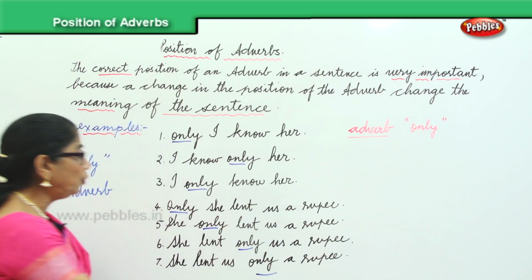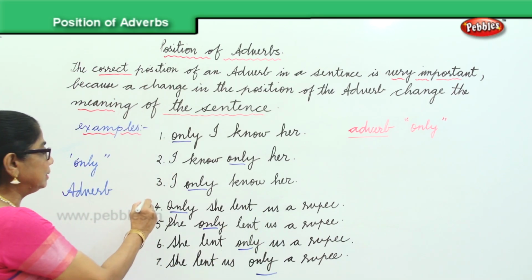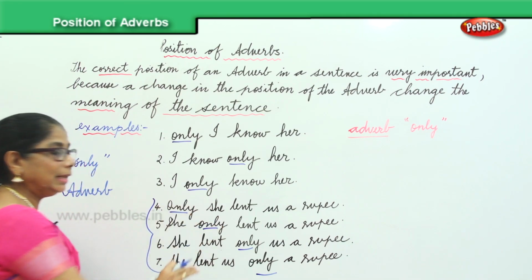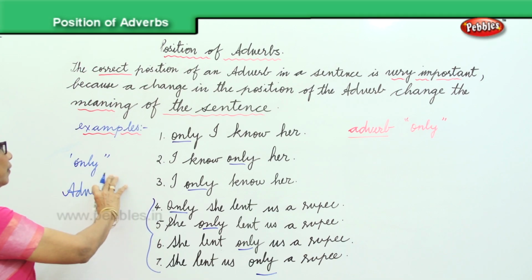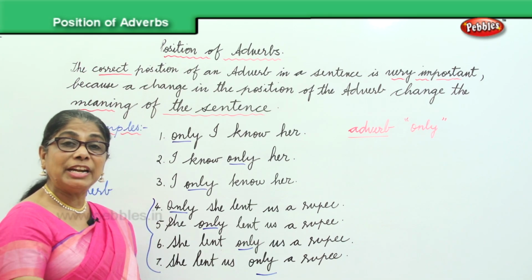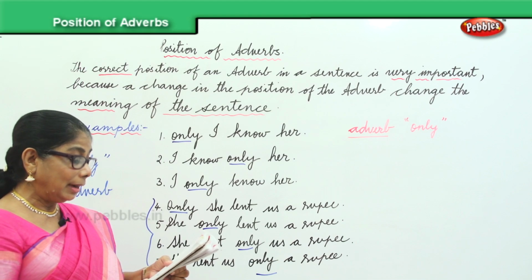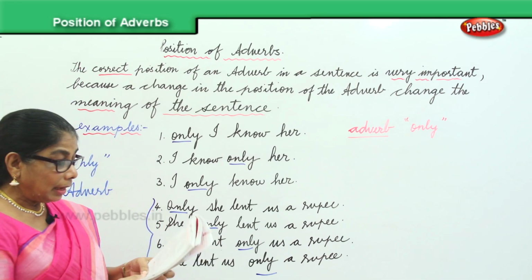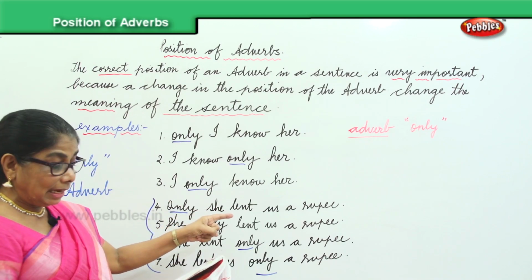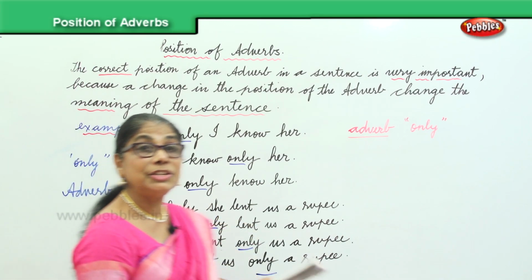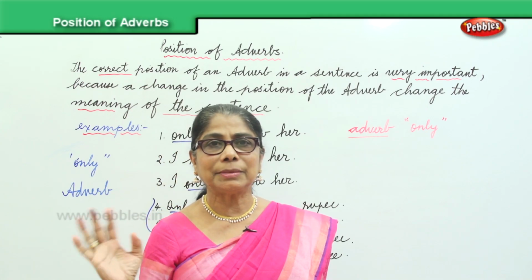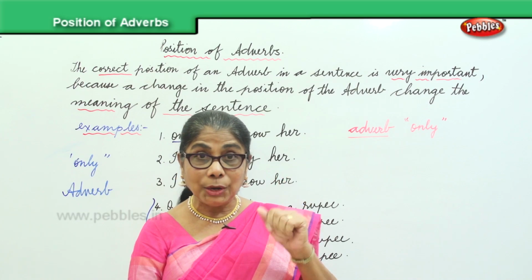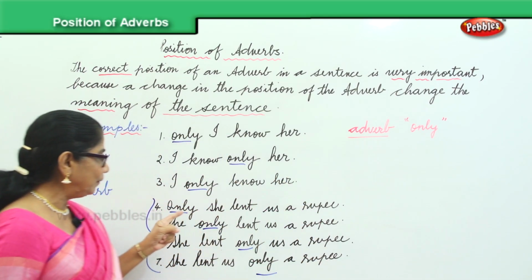In all 4 sentences, the adverb only is positioned differently, and in every one, the meaning is different. Now, let's look at it carefully. Only she lent us a rupee: she and nobody else. That's the meaning in the first sentence.